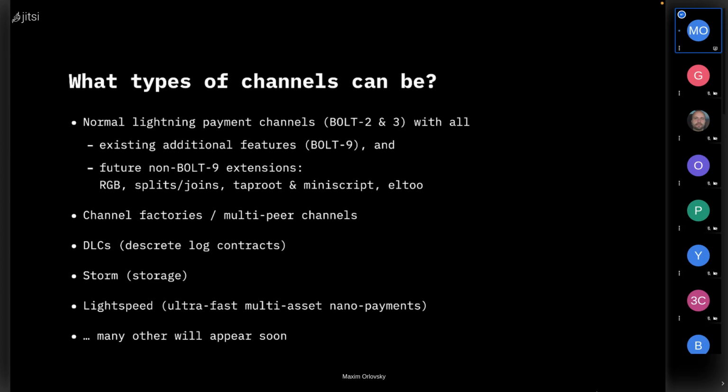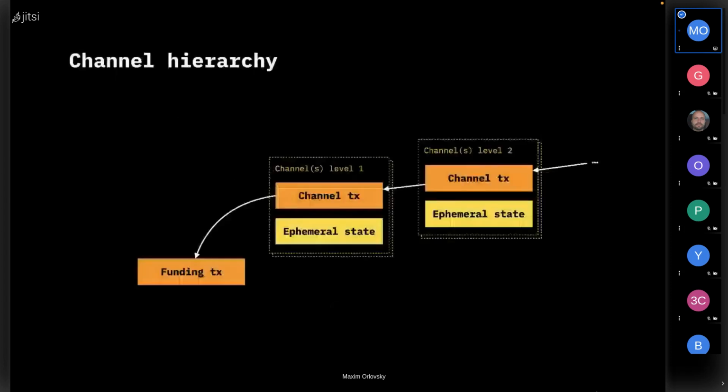Many more types of channels can be created with this core concept of keeping pre-signed transactions off-chain and publishing them depending on certain circumstances. So these different forms of channels can be built into a hierarchy. Each channel starts with a funding transaction, and the base funding transaction should be mined into the Bitcoin blockchain.